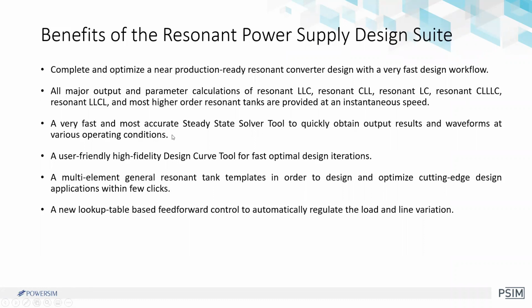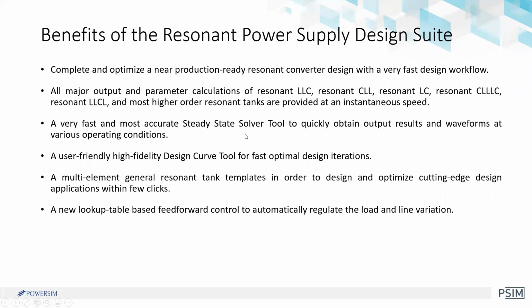And so, the benefits, I will quickly go through them. Some of the benefits are quite self-explanatory. It's very fast. You have seen how fast we designed for different applications, and we are supporting different tanks. The smaller ones are easy to get. You can set some magnetic ratio or capacitance ratio to 0 or infinite to go from a higher order tank to a lower order tank.